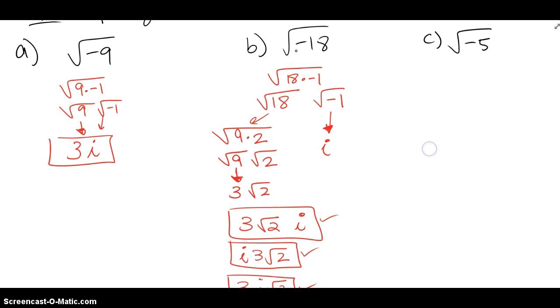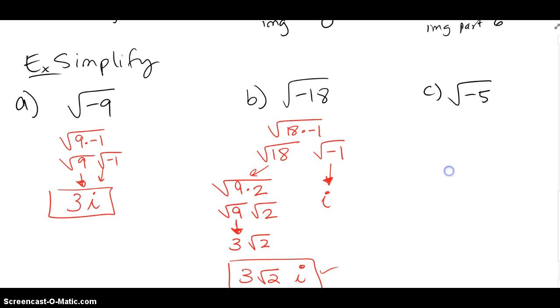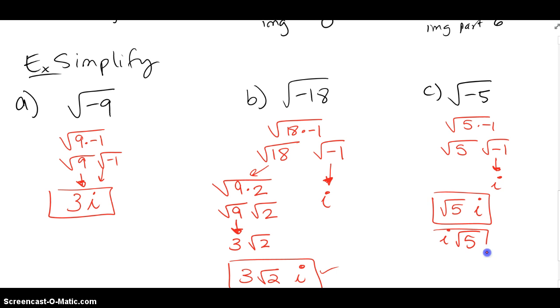So essentially anytime you have a negative under a radical, an i is going to pop out. Now in this one, I have 5 times negative 1, which I can split as the square root of 5 times the square root of negative 1. There's nothing I can do with the square root of 5, but the square root of negative 1 does pop out an i, so I have the square root of 5 times i, or i times the square root of 5. Both of them are okay.